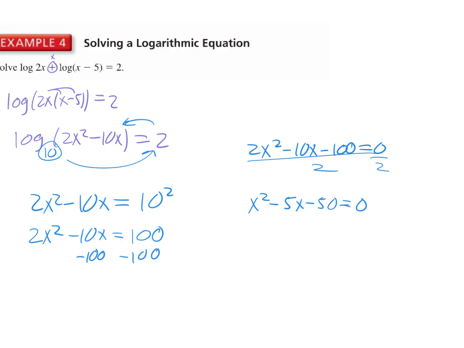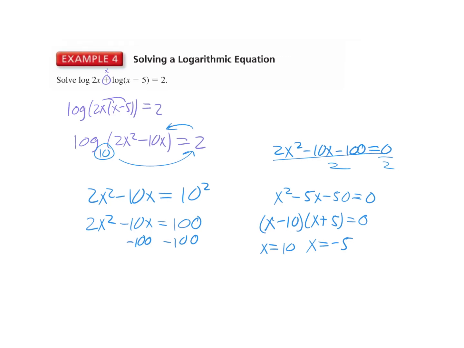And then we need factors of negative 50 that add to negative 5. That's going to get us negative 10 and positive 5. All right, so then we get two answers, x equals 10 and x equals negative 5. Now, we aren't done here.